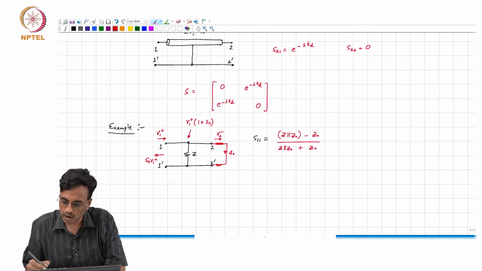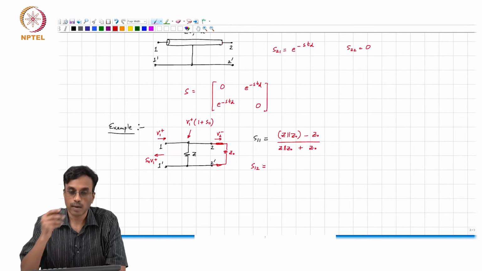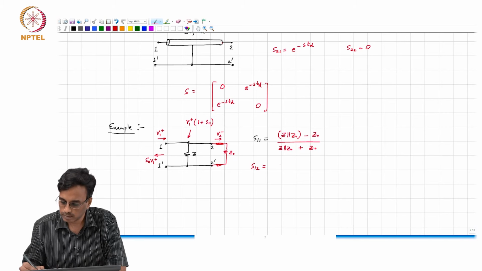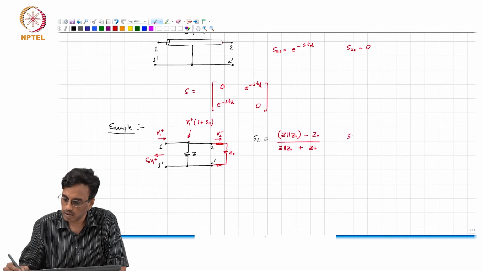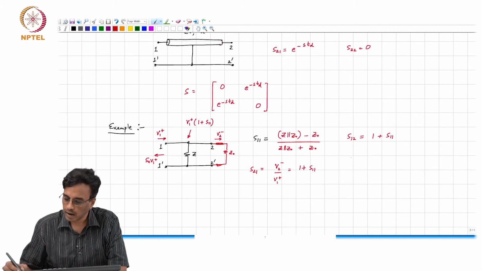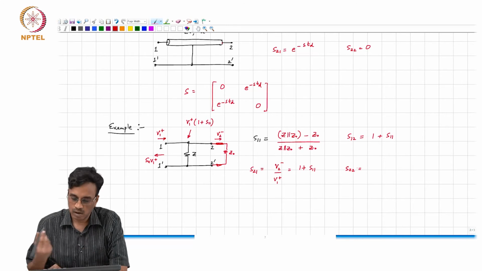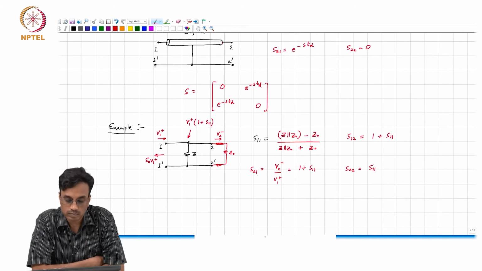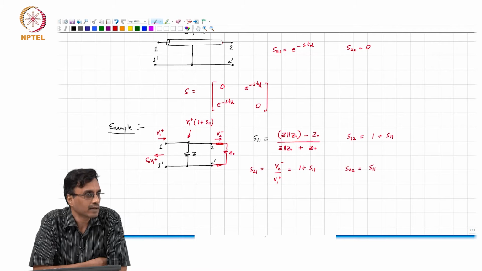So, what comment can you make about S21 therefore? S21 is V2 minus by V1 plus, which happens to be 1 plus S11, and S12 is the same as S21, 1 plus S11, all right, and S22 is the same as S11. That makes sense? Okay.